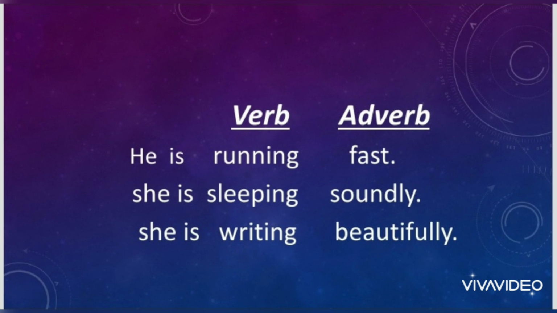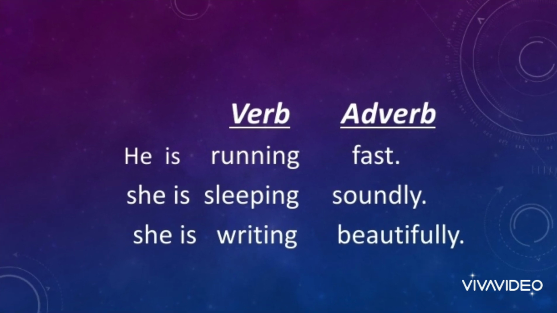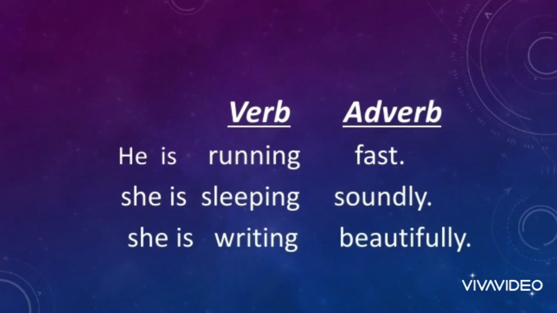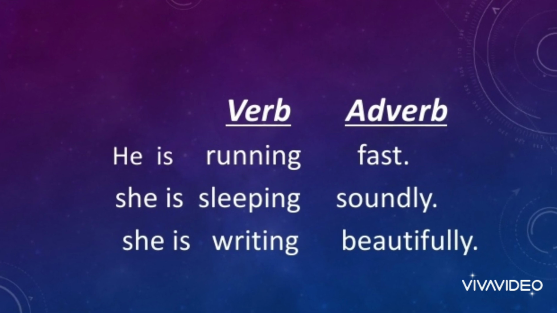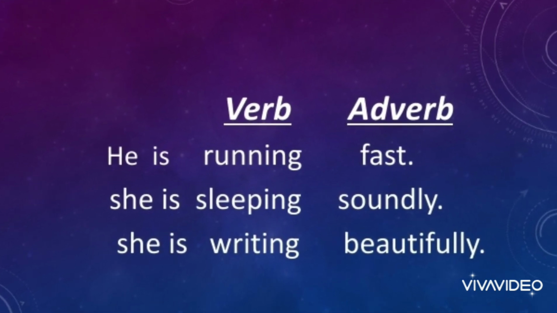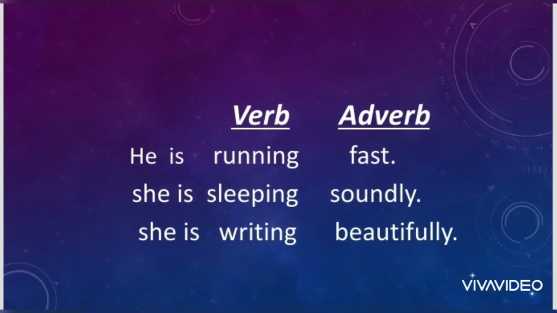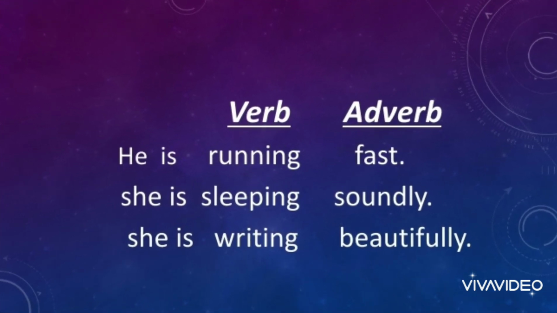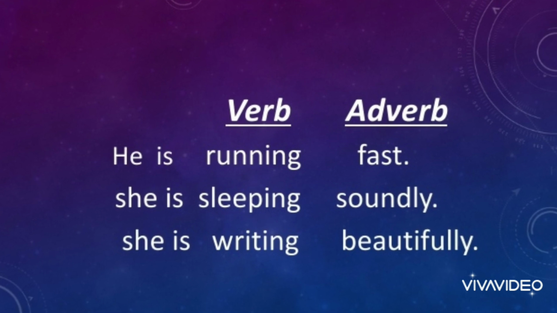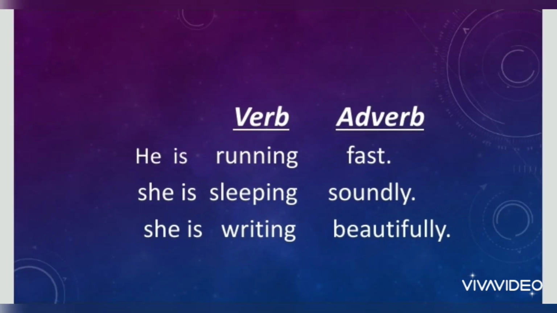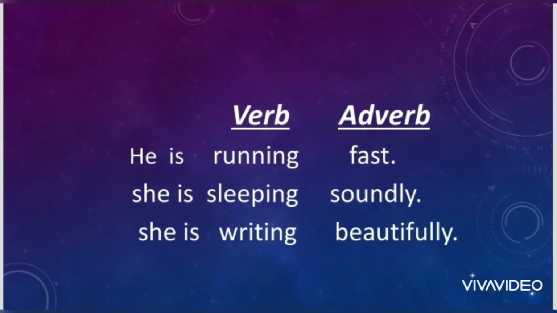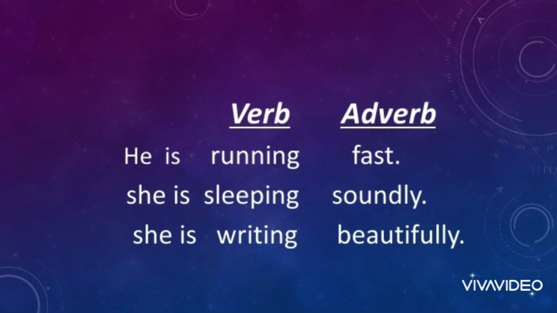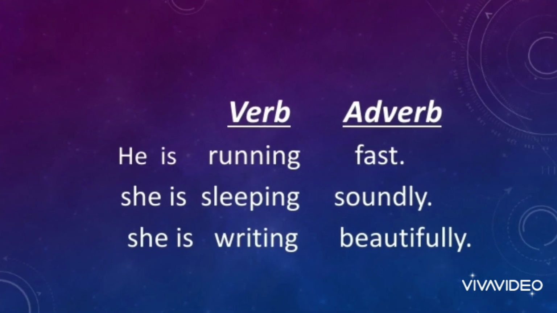And for the kids especially who are at the learning stages where you learn about verb and adverb and you are quite confused about these two concepts, then you can understand them very easily by knowing that these are quite different things.